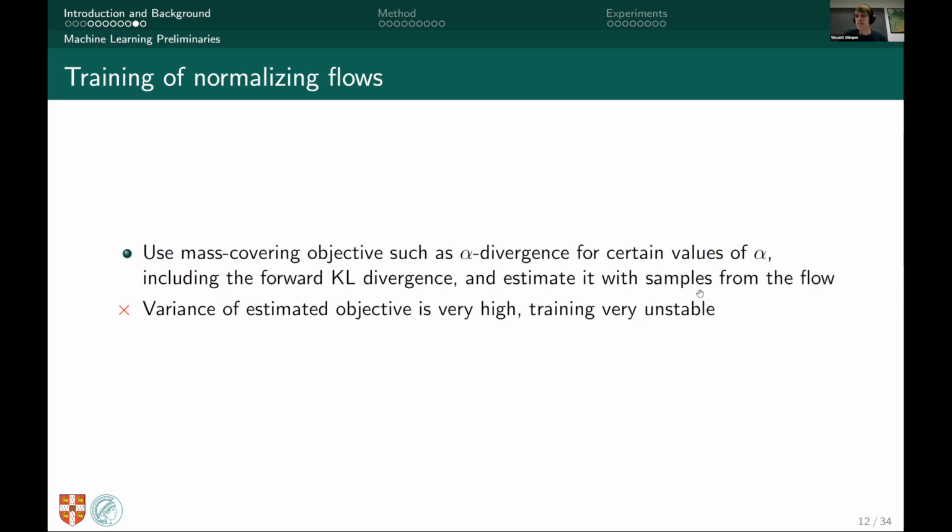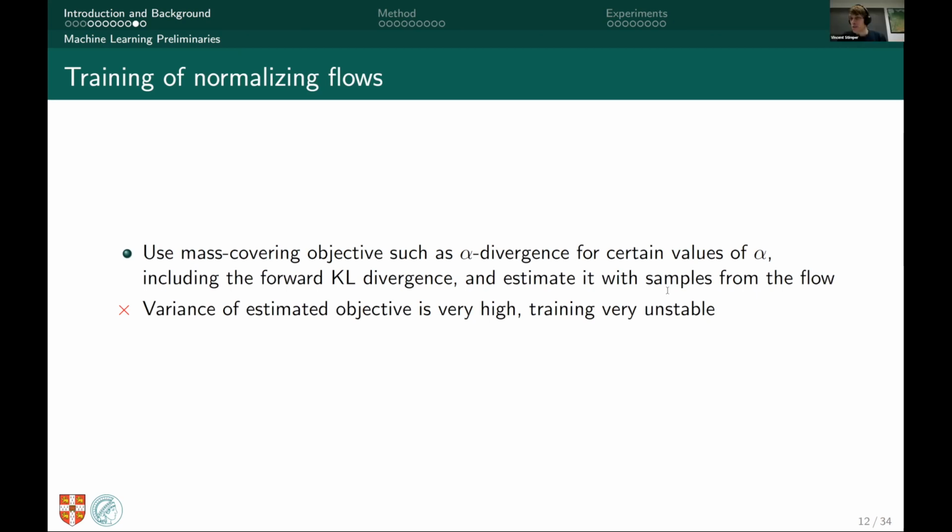Here we would like to do it with samples from our model, but then the variance is too high to allow training. And if I do it with samples from the model and the forward KL divergence, then I need to reweight with the importance sampling weights between the model distribution and the unnormalized target distribution.